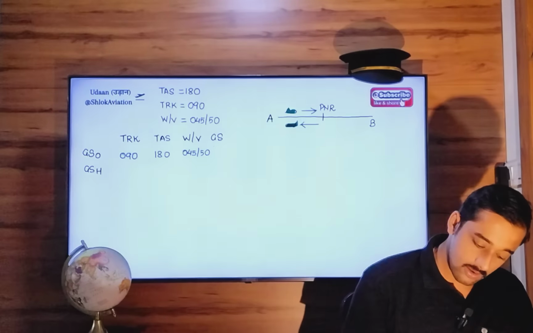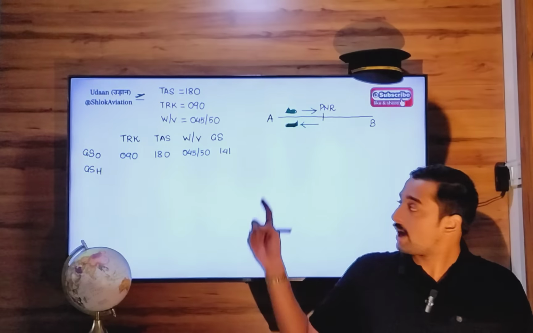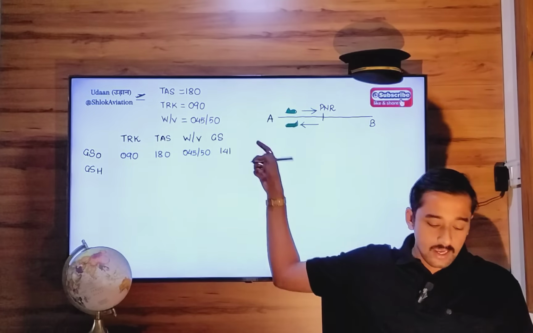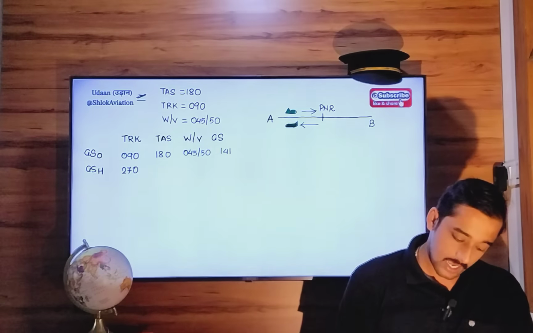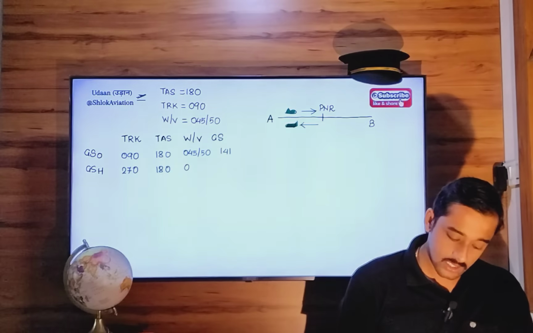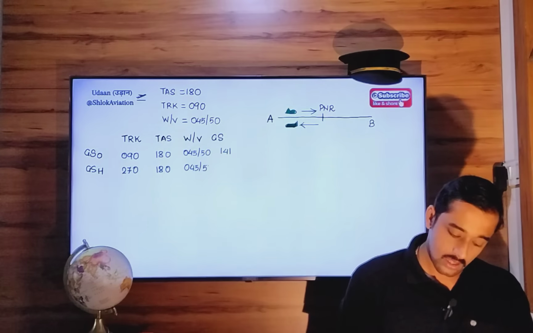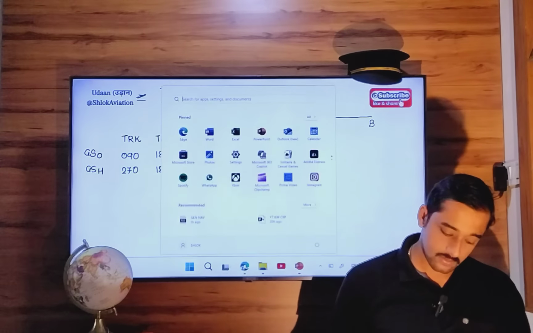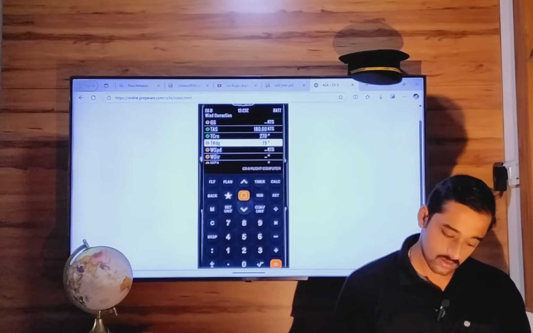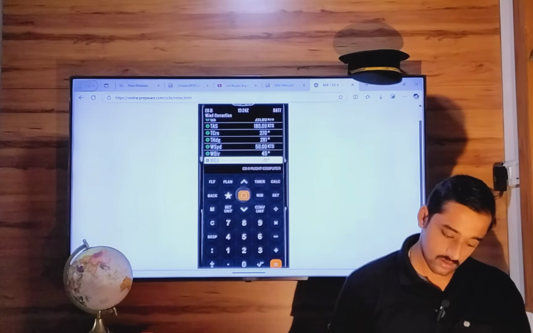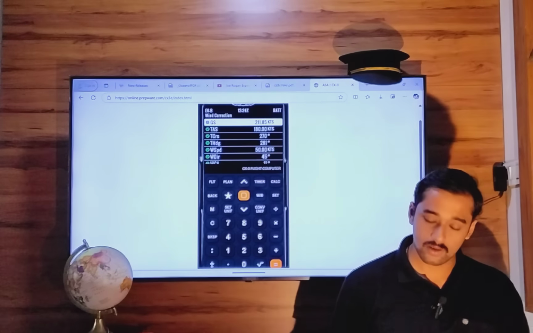Now coming back from PNR to point A, this track will be your 270 reciprocal track. TAS remains the same, winds remain the same, ground speed will become 212 knots.